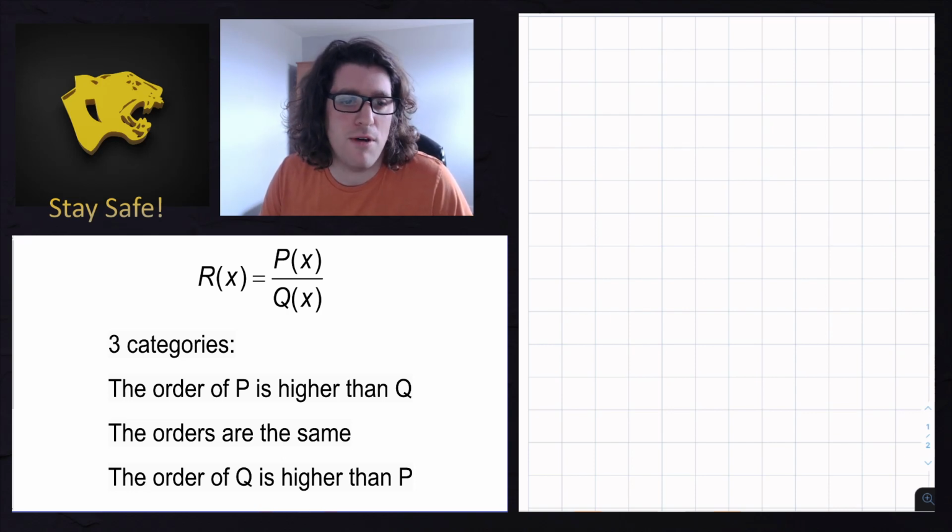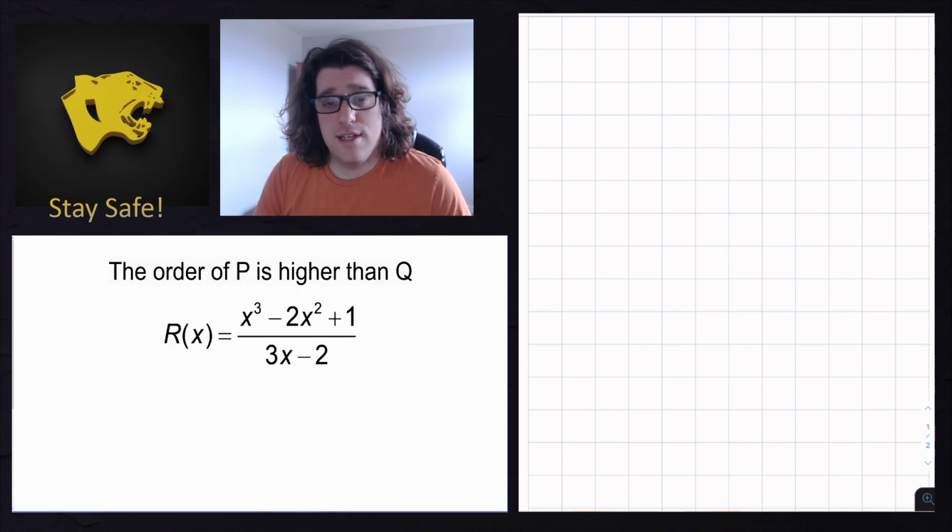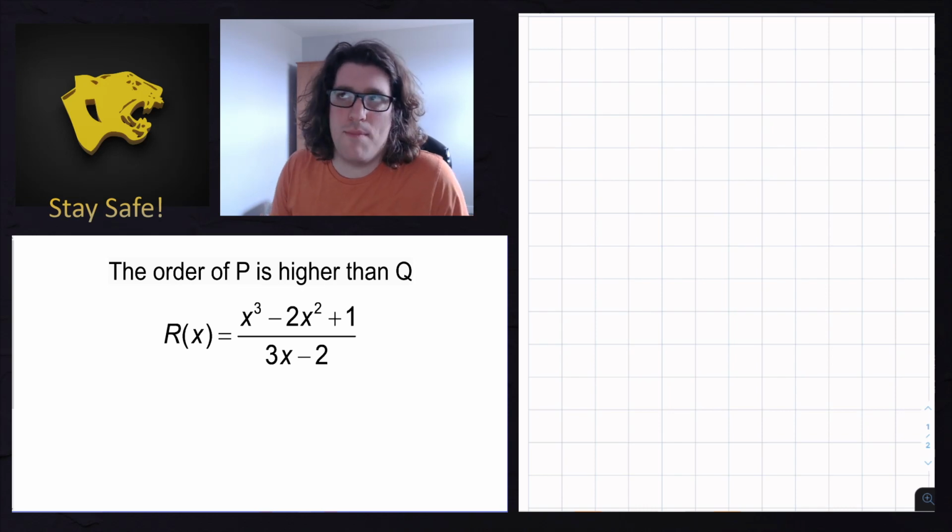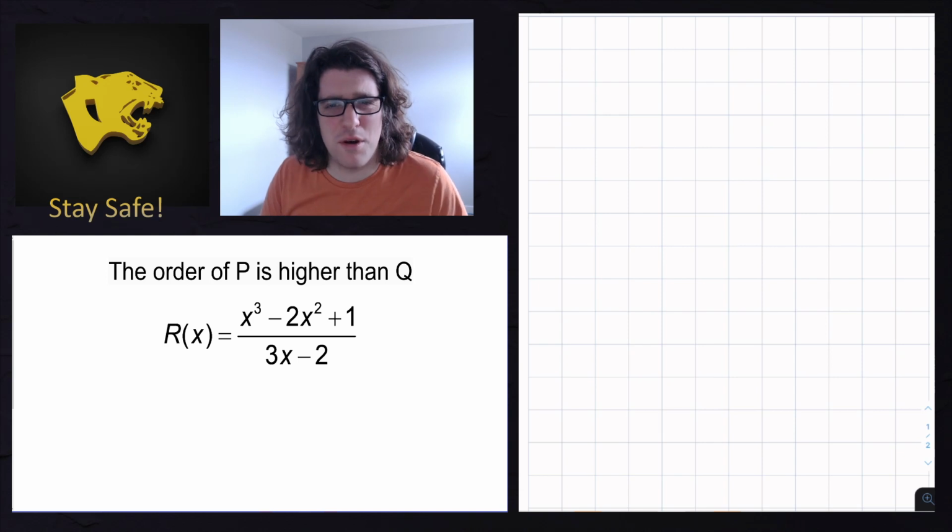So here we go. This is an example where the order of p is higher than the order of q. So the numerator's order is higher than the denominator's. I call them p and q and r, but really you want to think about it as top, bottom, numerator, denominator, because you may be working with things where they're not named p and q, or they're named something else.